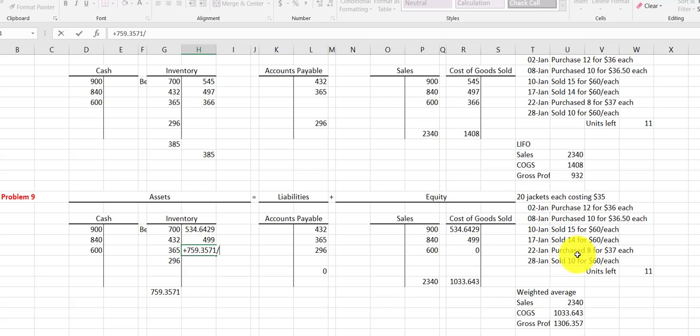So I had 42, right? And I sold 29. That is 13. And then I purchased 8 more. That's 21. And so I get an average cost, or weighted average, of $36.15. And then I just need to multiply that by how many I am selling, which is 10.